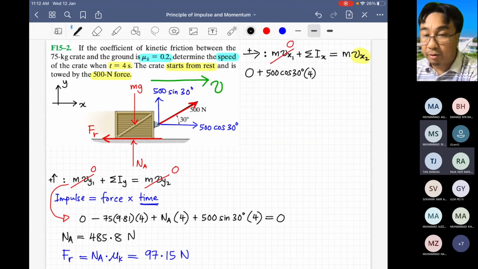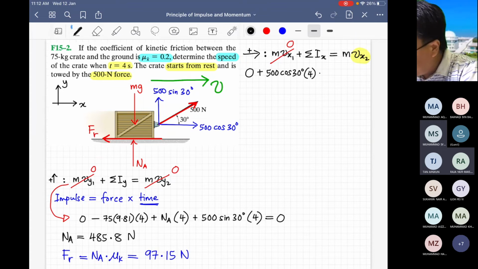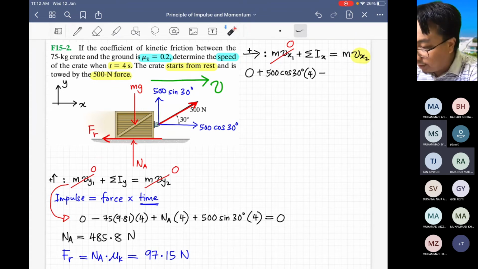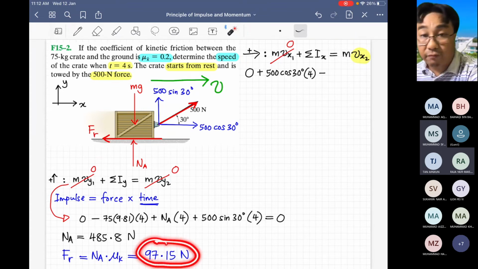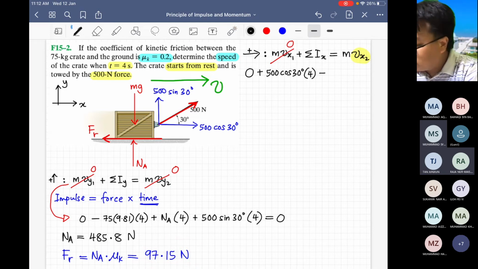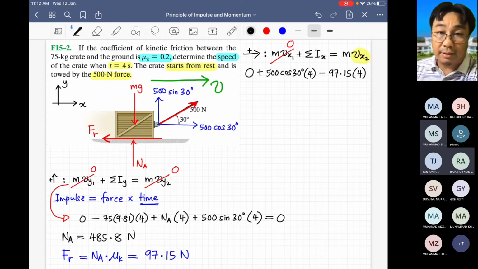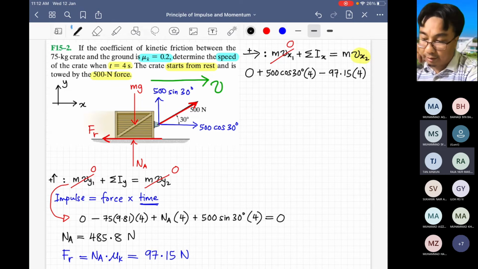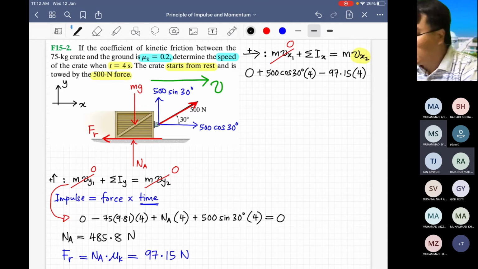Darab dengan time 4 baru jadi impulse. Tolak friction. Friction kita dah calculate kat bawah ni 97.15. So kita tulis 97.15 darab dengan 4. Dia mesti darab dengan masa untuk dia jadi impulse. Okay, kalau dia tak darab dengan masa, dia tak jadi impulse lah, dia jadi force sahaja.